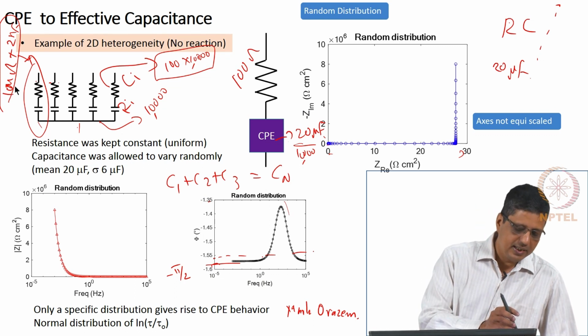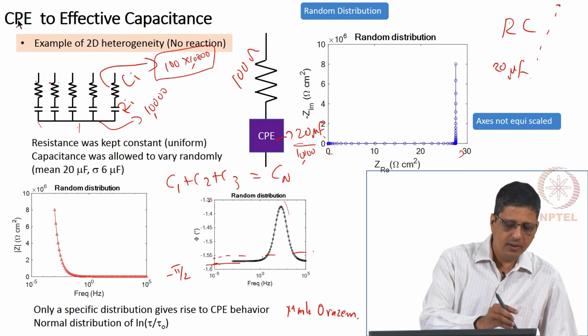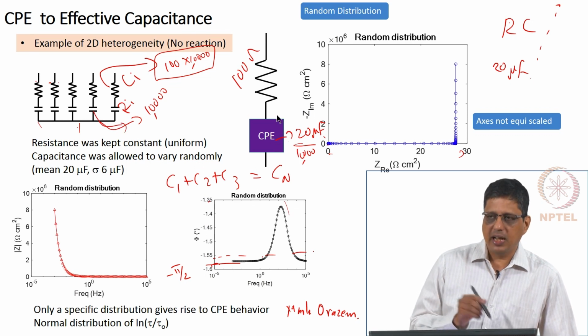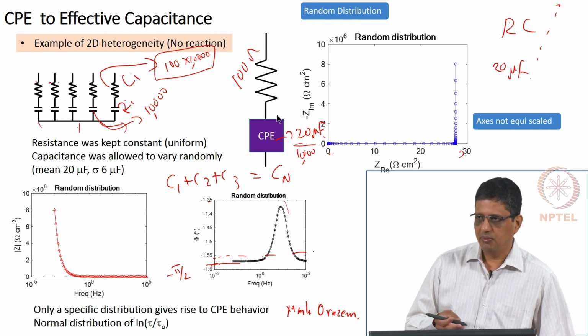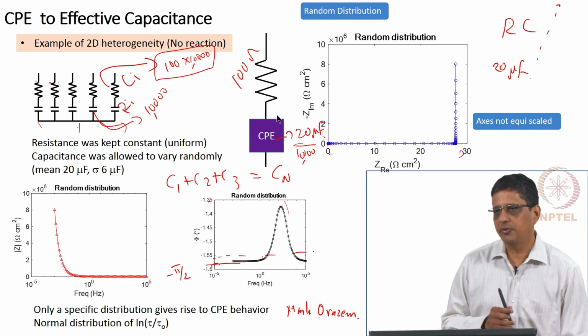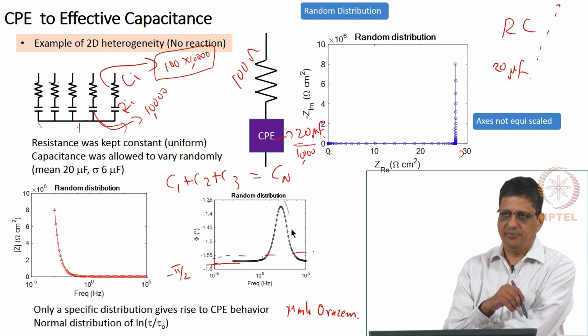Whereas, if I say either the resistance or the capacitance is distributed or both are distributed, meaning on the average I am going to use 2 nanofarad, but I am actually going to go from 0.2 to 3.8 nanofarad. Randomly I am going to vary that. On the average it is still going to be 2 nanofarad.